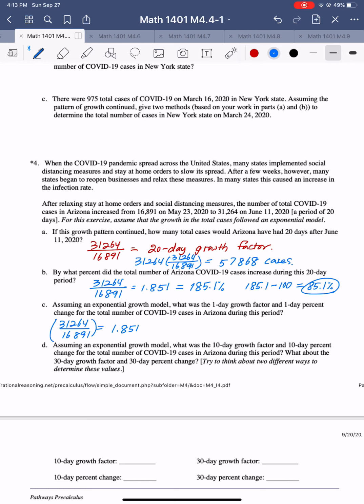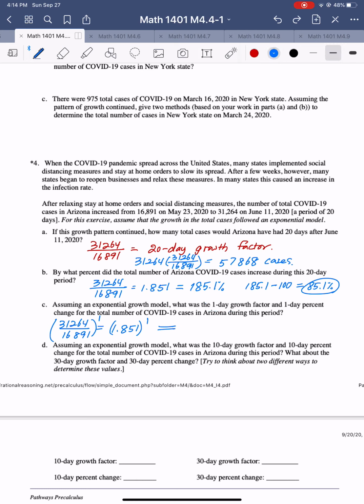So when I say T, it's going to be the 20-day growth factor. So in order to find the 1 day, let's put T, that'll be better.